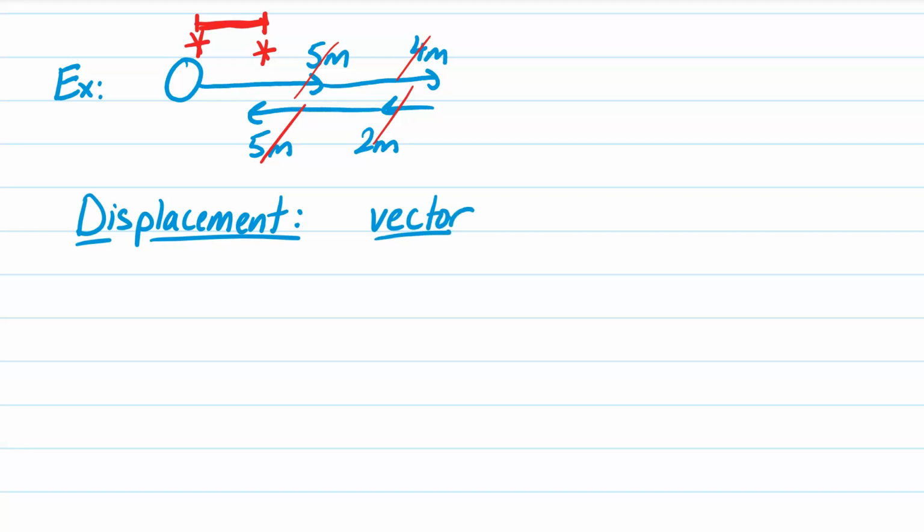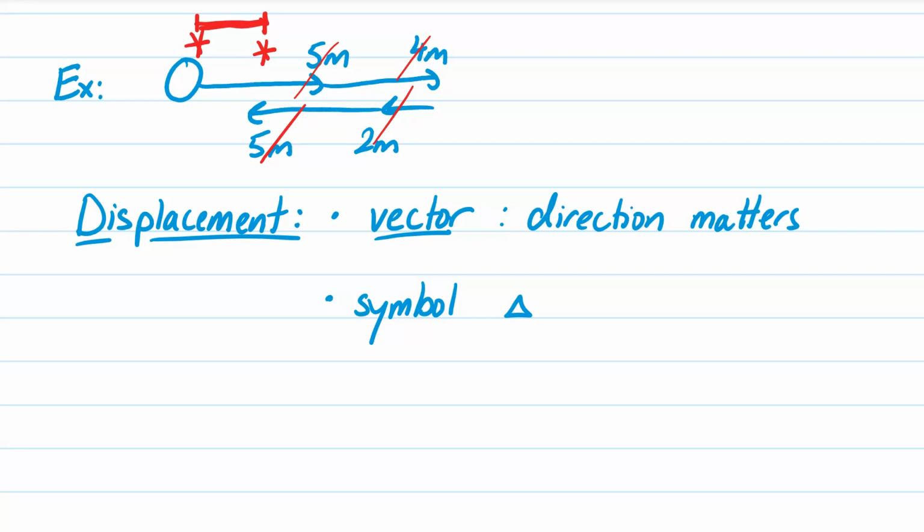So vectors mean direction matters. The symbol for displacement is a triangle, a lowercase d, and an arrow on top of the lowercase d. We're going to break down all those pieces.